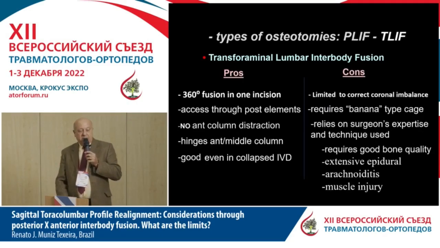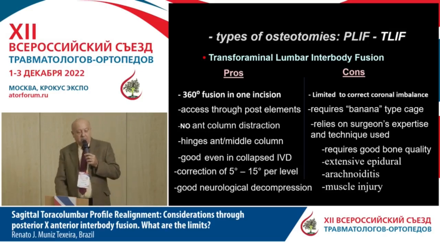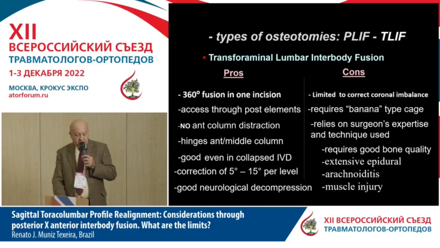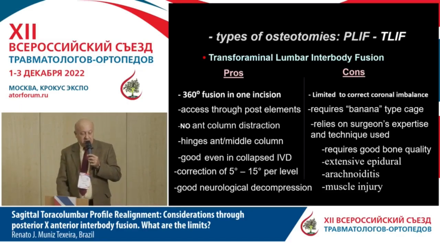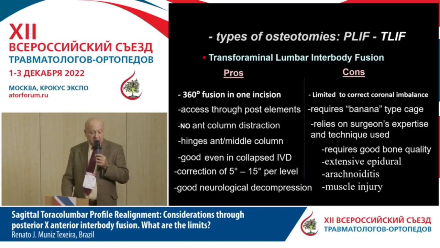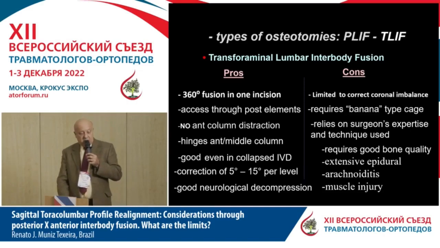The process for PLIF and TLIF permits 360 fusion in one incision, accessed through posterior elements, no anterior column distraction, hinge at the anterior middle column, good even in collapsed IVD, correction between 5 to 15 degrees per level, good neurological decompression.